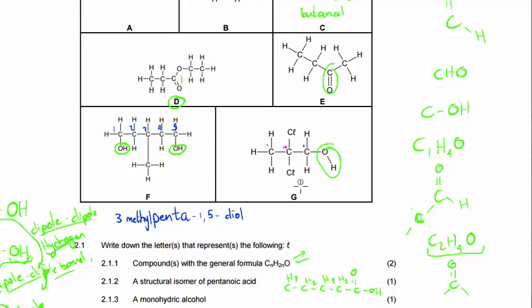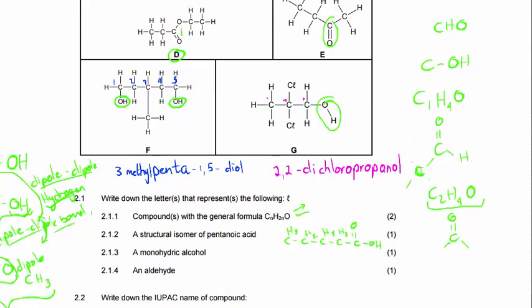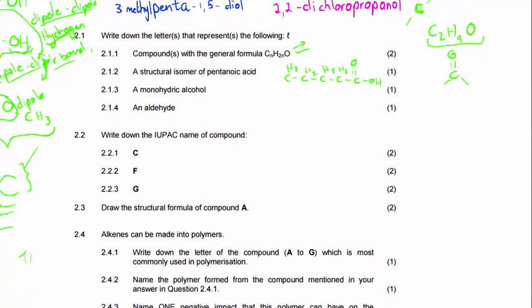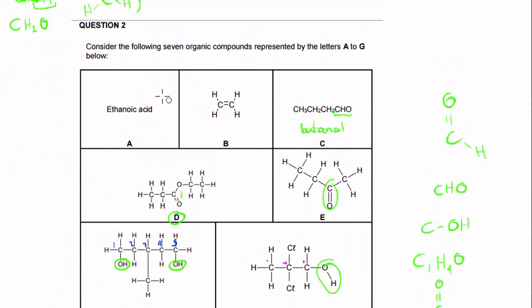Anyway, chloro will be on the second carbon anyway. So this one will be 2. Dichloropropanol. Yeah, that looks fine. Okay, that was G.